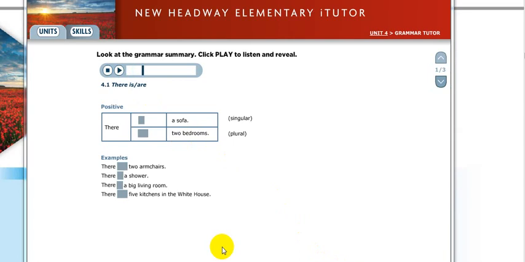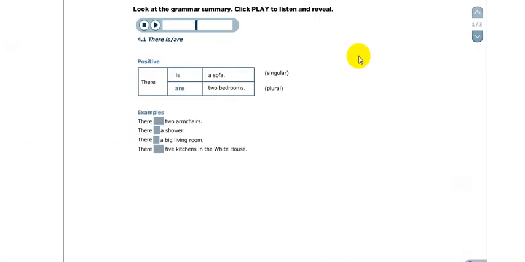Positive: there is a sofa, there are 2 bedrooms. Here are some examples. There are 2 armchairs. There is a shower. There is a big living room. There are 5 kitchens in the White House.